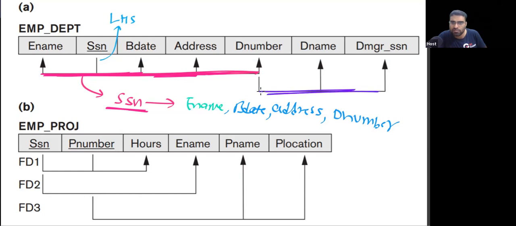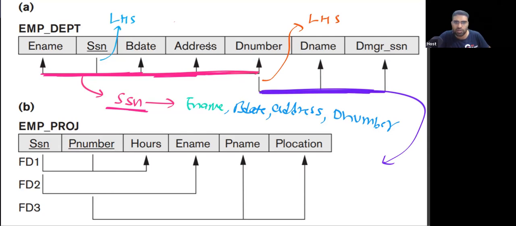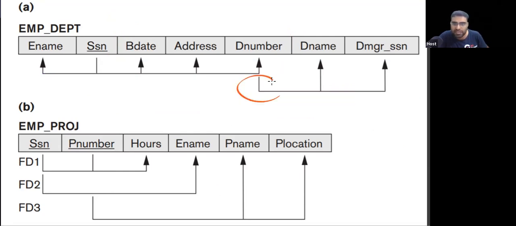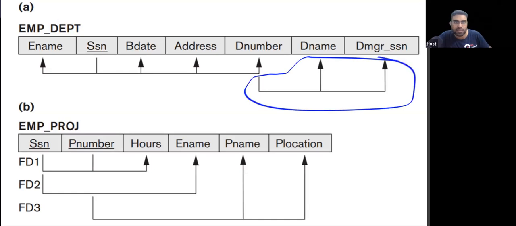See, what about this one? Look at this and tell me. Here you can again notice this is without arrow, right? This is your LHS. These are not connected. This is separate.